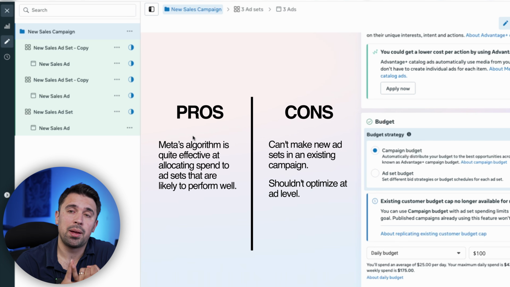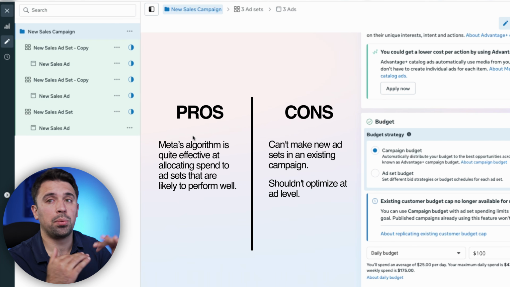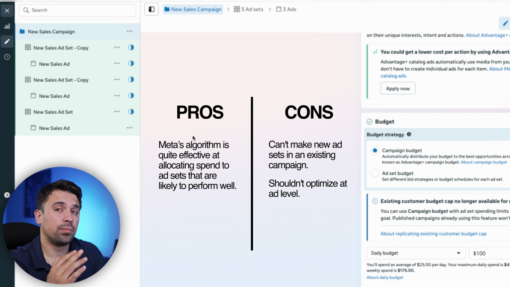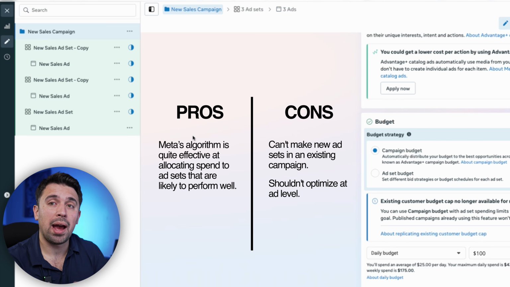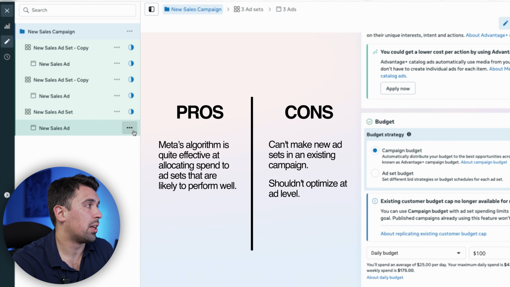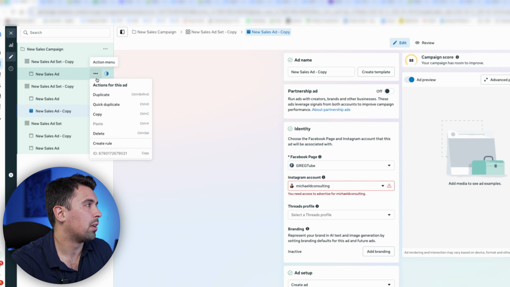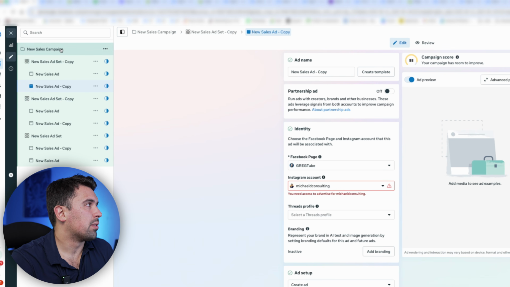I don't really recommend that you optimize at the ad level if you have multiple ad sets. Why is that? Well, since we know that all the ad sets impact one another and the way that they spend, if you turn off an ad in one of these ad sets, let's imagine they each had 2 ads, for example, like this setup: you have one campaign, 3 ad sets, and each ad set has 2 ads.